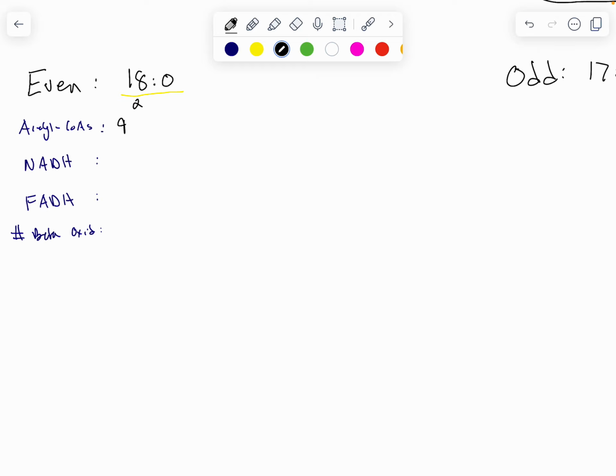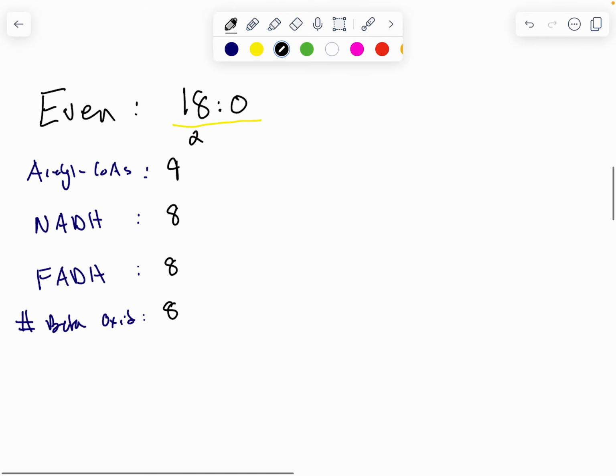What's a little different is for our NADHs and FADH2s, we're actually going to subtract one more, so per an 18 chain fatty acid, we're going to be producing 8 NADHs, 8 FADH2s, and going through 8 rounds of beta oxidation. If you're confused on why it's 9 instead of 8, remember at the end of beta oxidation, we split those last 4 carbons into 2 and 2, and we get an extra acetyl-CoA with it. So that's where this extra acetyl-CoA comes from.